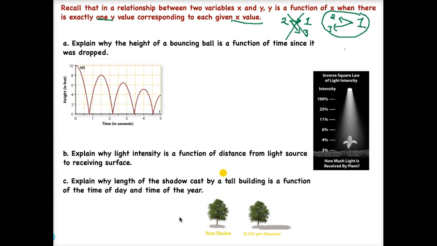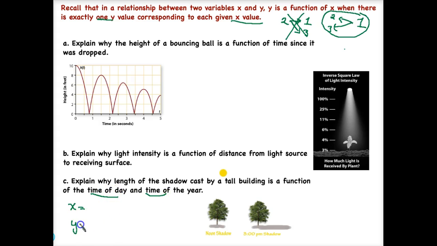And finally, C, explain why the length of the shadow cast by a tall building is a function of the time of day and time of the year. Again, for these problems, it helps to determine which is the independent and which is the dependent variable. So for this problem, our independent variable x would obviously be time of day and time of year.